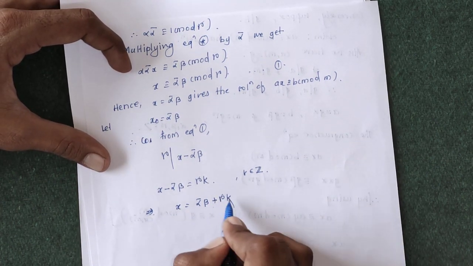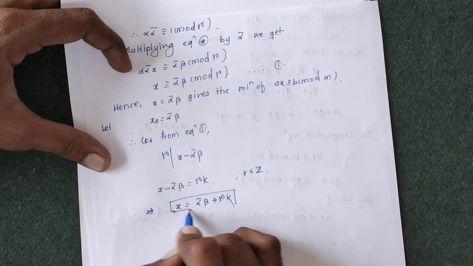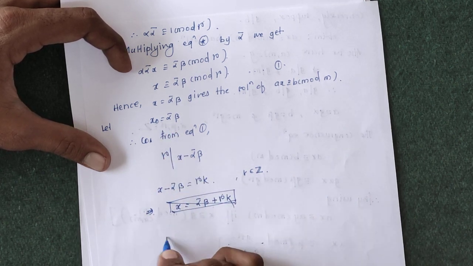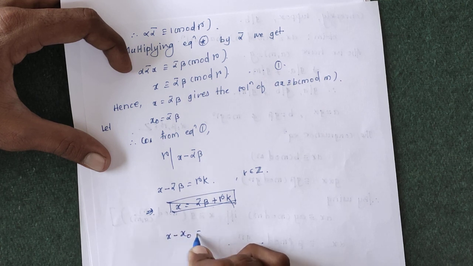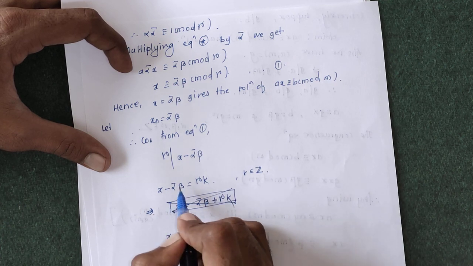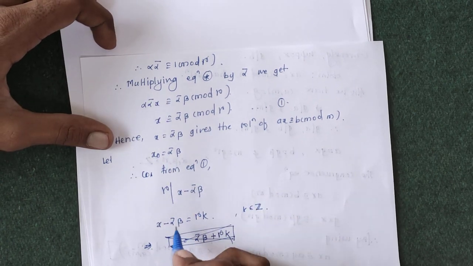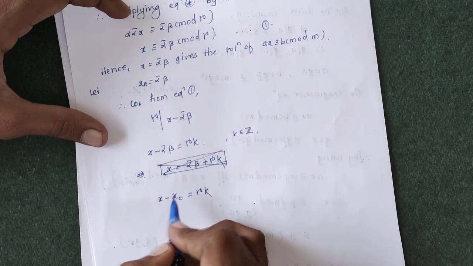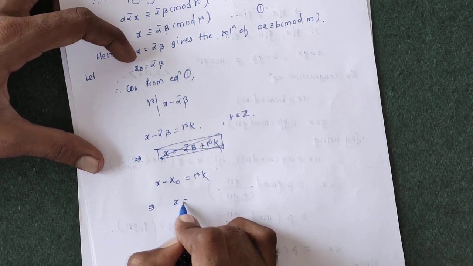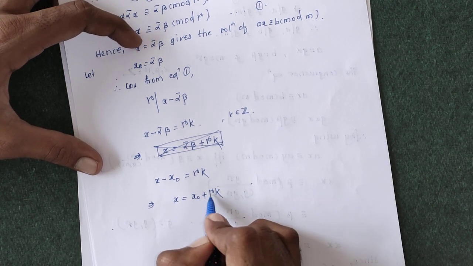Since we have supposed that alpha bar beta equals x naught, instead of alpha bar beta I will just write x naught. So we get x minus x naught equals gamma k. This gives us x equals x naught plus gamma k.